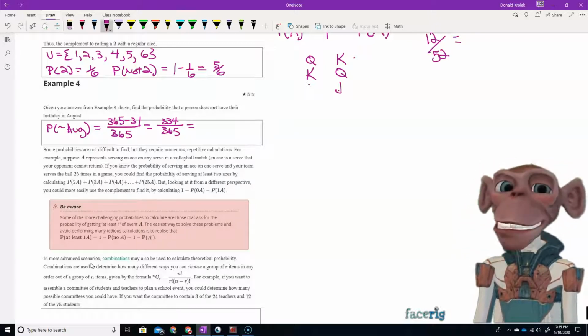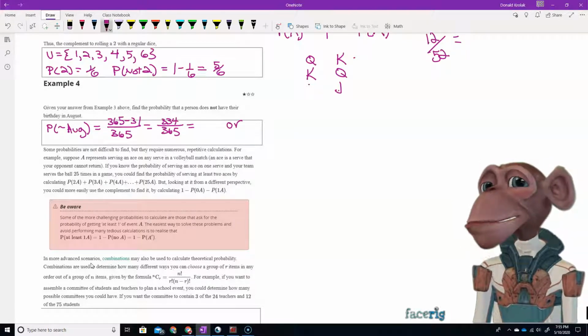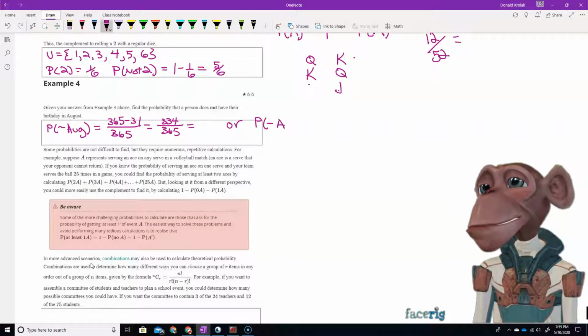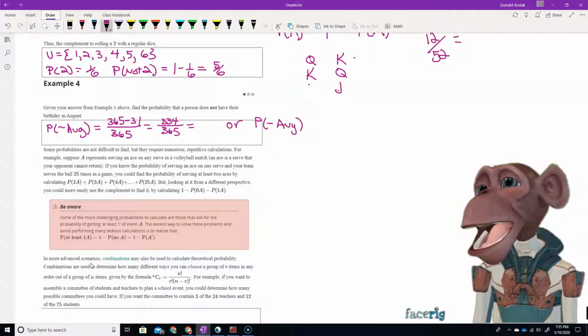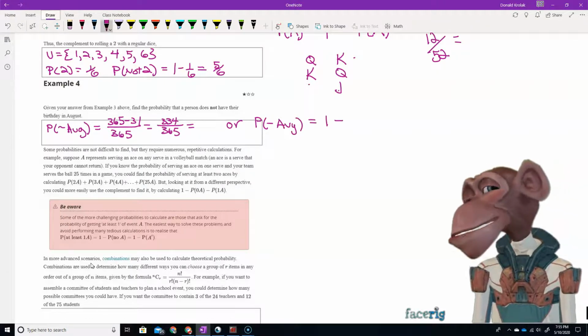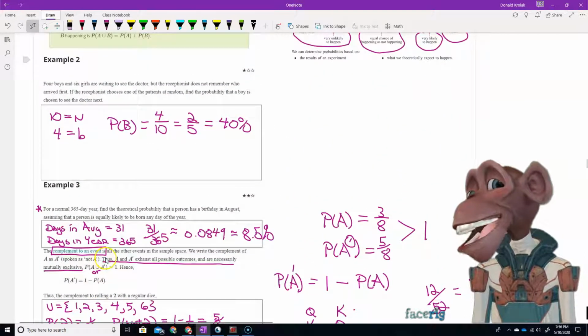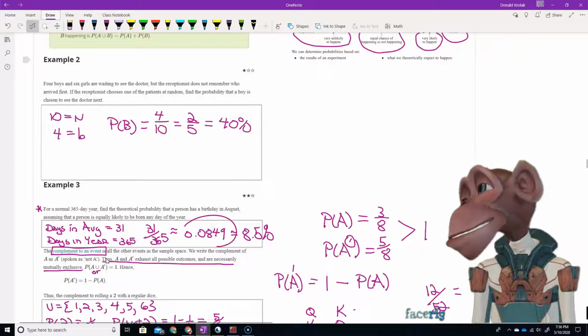Okay, a quicker way of even thinking about it is you already know the probability of August. So the probability of not August would be 1 take away the probability of August, which was right here.